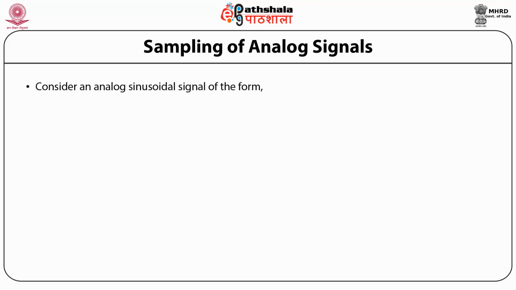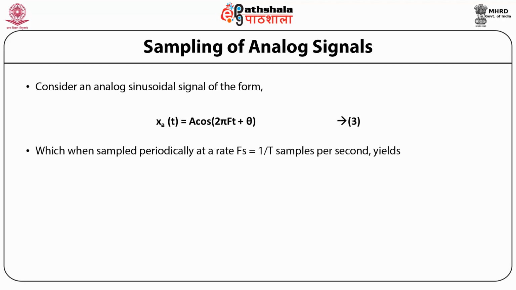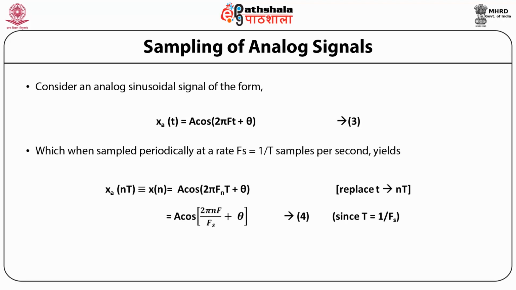Consider an analog sinusoidal signal of the form xa(t) equal to A cos(2 pi F t plus theta), which when sampled periodically at a rate Fs equal to 1 by T samples per second, yields xa(nT) equivalent to x(n), which is equal to A cos(2 pi F nT plus theta), where we replaced small t by n multiplied by capital T. This is equal to A cos(2 pi n F by Fs plus theta).